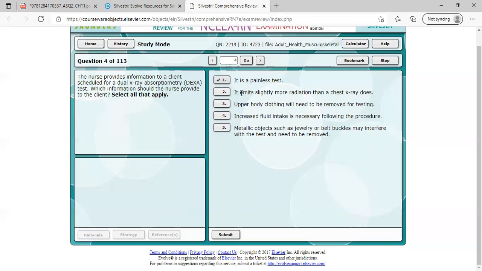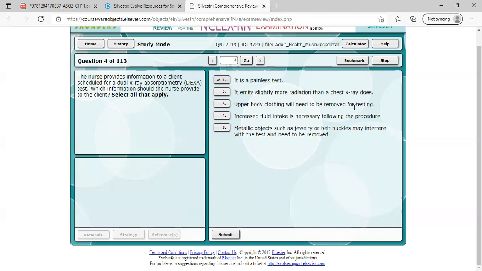It emits slightly more radiation than a chest X-ray does. No, it emits slightly less radiation than a chest X-ray, not more. Upper body clothing will need to be removed for the testing.